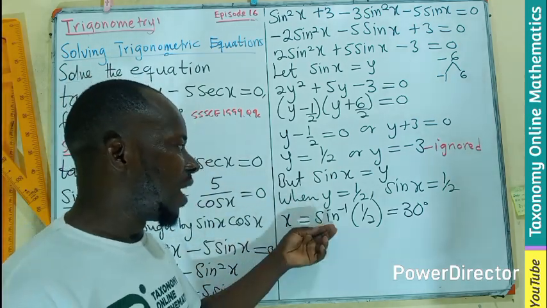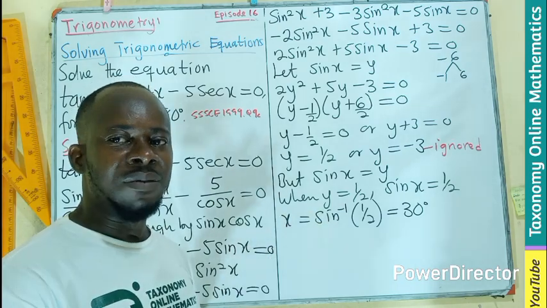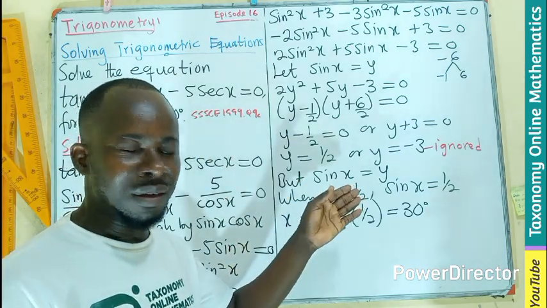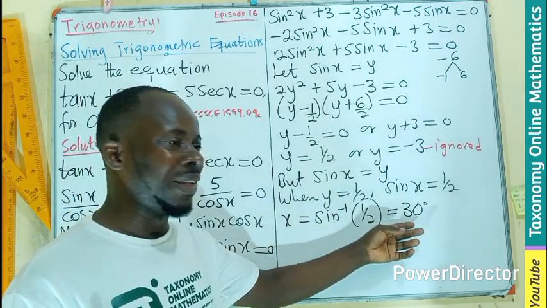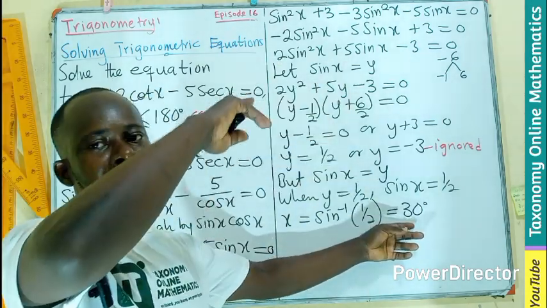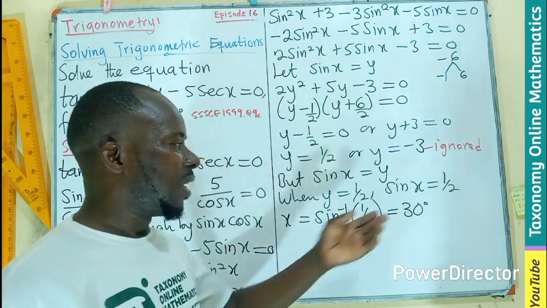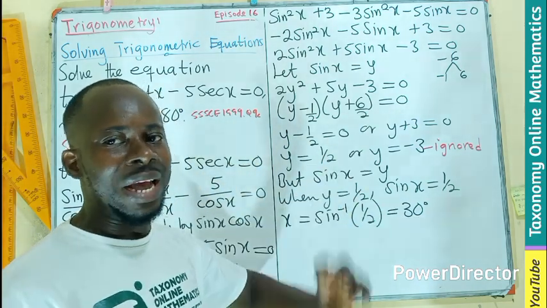But remember, the values of sine are positive in 2 quadrants: the first quadrant and the second quadrant. So if 30 is drawn that way, in the next quadrant we need to subtract the 30 from 180 to get the next one.